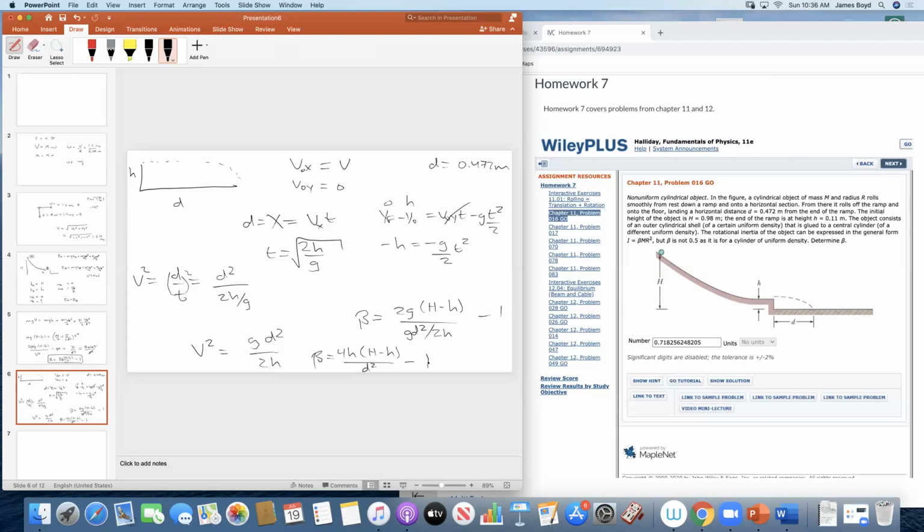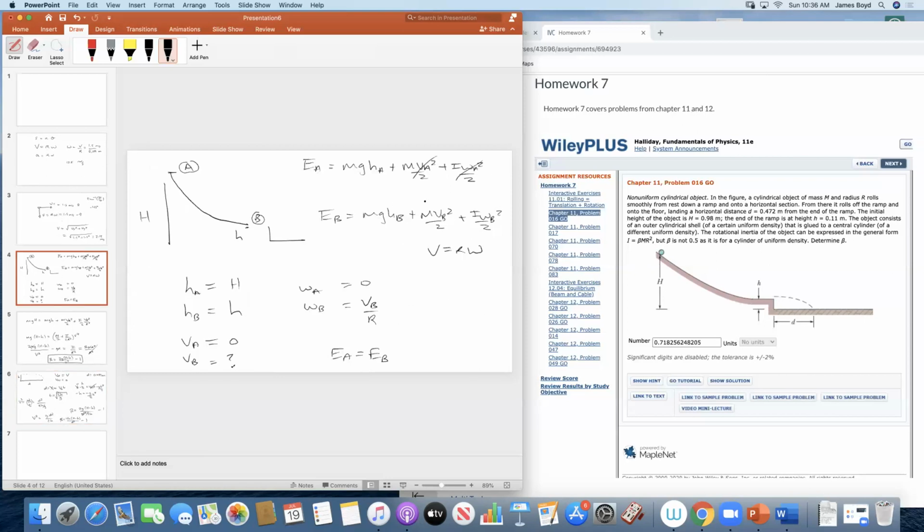Remember, your numbers will be different, but the key takeaway here is you can use energy. Energy at the top, energy at the bottom. You need to remember, though, that it is a rolling object, so it has kinetic energy of rotation as it goes down as well. And then projectile motion to find v at the bottom.